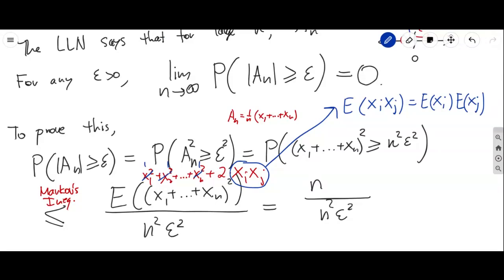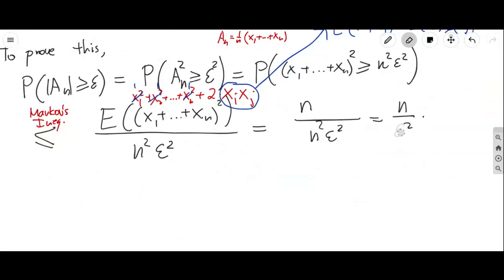That's essentially independence. Independence means multiply. So the expectation of a product is the product of the expectations, and the expectation of xi is 0, and the expectation of xj is 0. So those contribute 0 for you, and you end up with n divided by n squared, and in the end you have n over epsilon squared. So that is the bound.